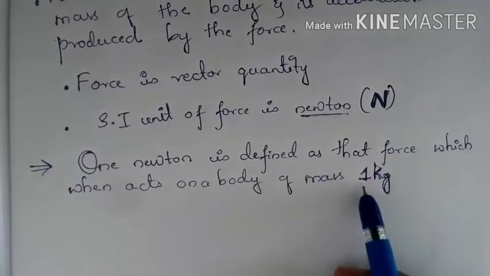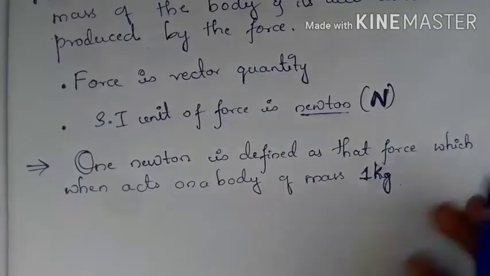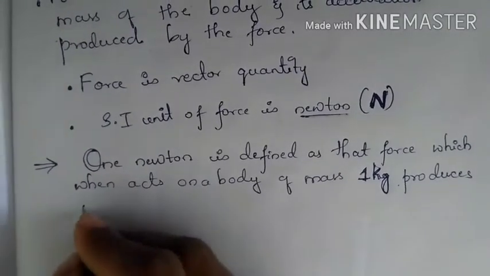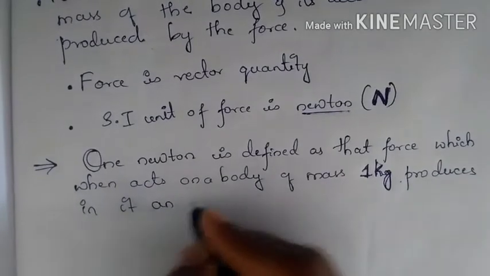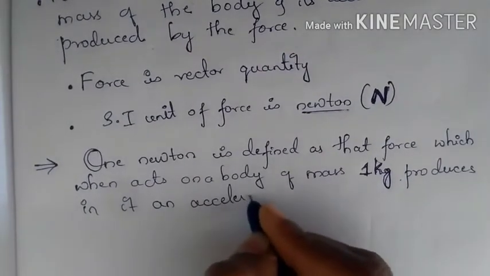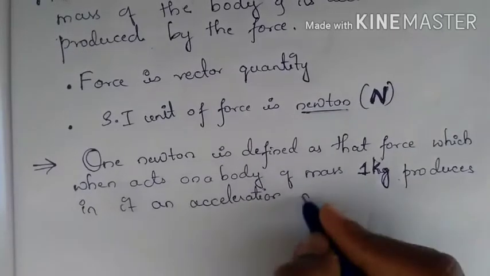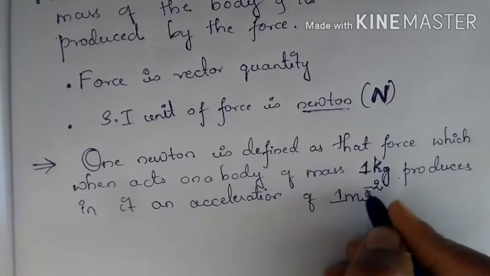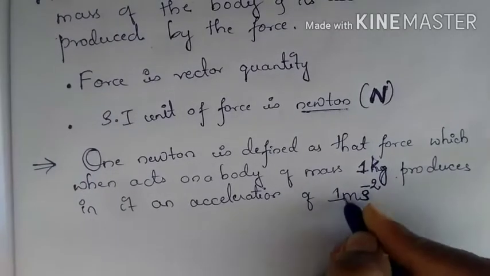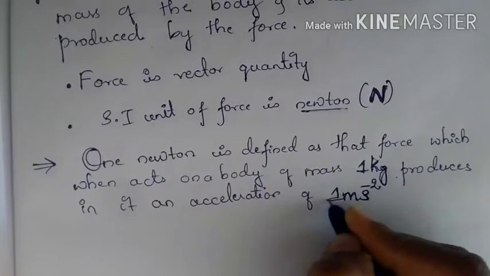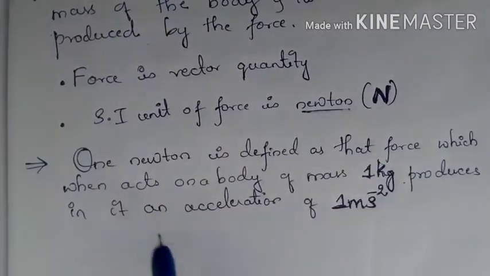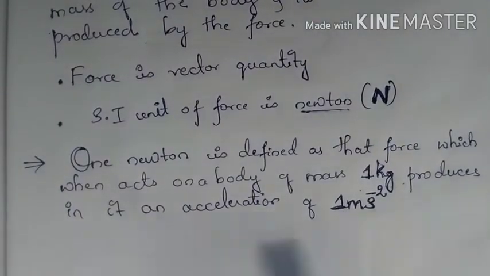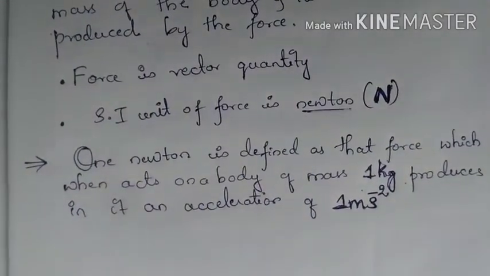We are saying the mass of the body is 1 kg. The unit of acceleration is what? Meters per second square. So if the force acts on a body of mass 1 kg and produces this acceleration, then we get 1 Newton.